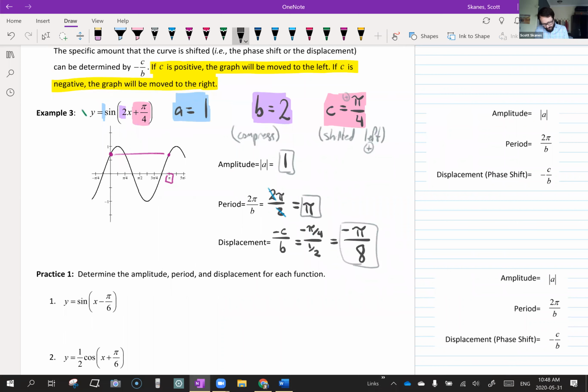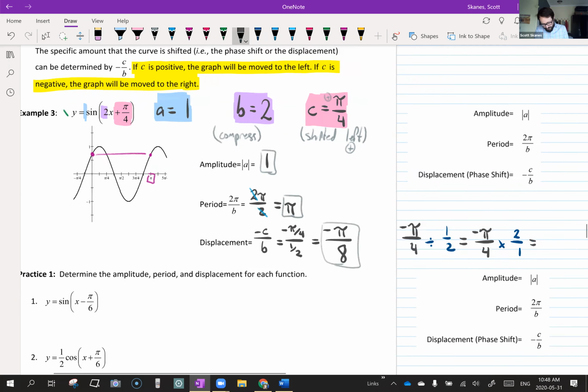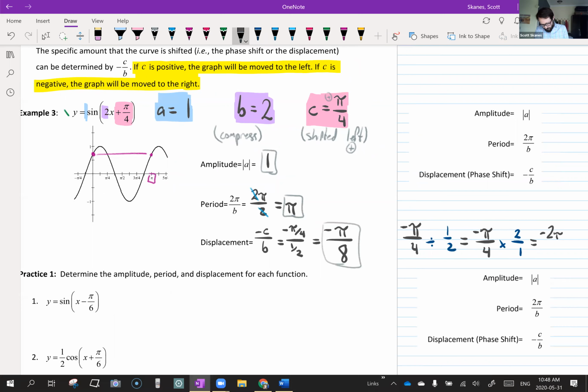I'll just do the work over here. We had negative pi over 4 divided by 1 over 2, which is the same as negative pi over 4 multiplied by 2 over 1, right? I like to do this by hand because it's not too difficult. Multiply the tops, multiply the bottom. Wait a second.